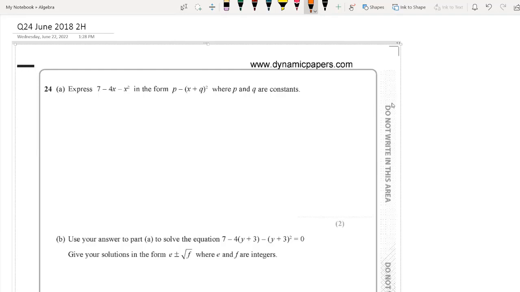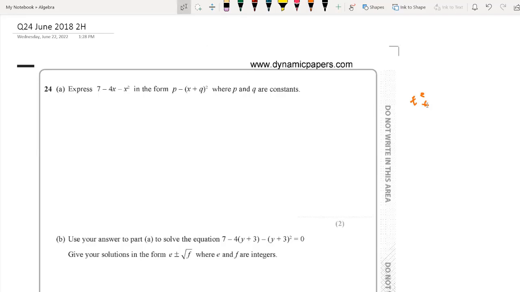x squared plus bx plus c, this can be written in the form of completing the square: (x plus b over 2) all to the power 2, minus (b over 2) all to the power 2, plus c.